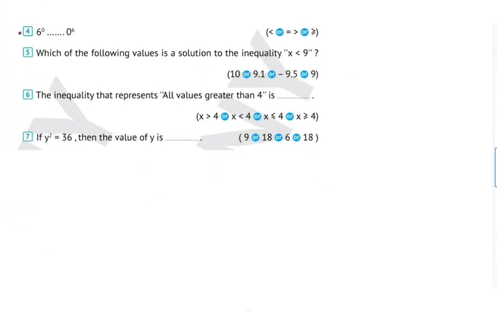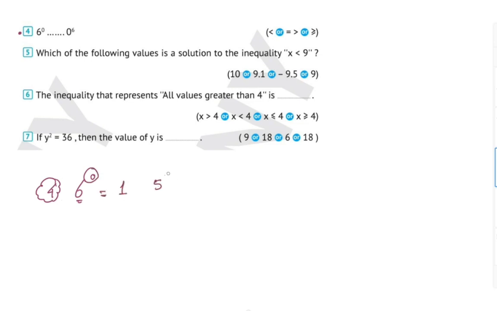Go to the next, point 4. 6 to the power 0 and 0 to the power 6. Which one is greater than the other? Note with me, this is point number 4. Don't forget, what's the meaning of 6 to the power 0? Any integer to the power 0 equals 1.